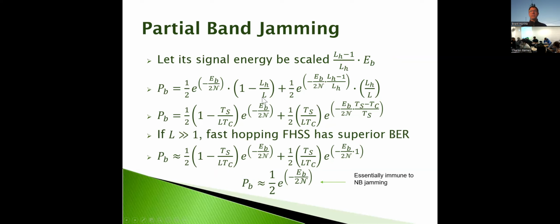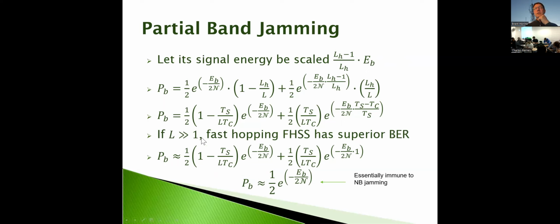Then we can plug this in, look at this bit error rate and that bit error rate, and rearrange some terms.